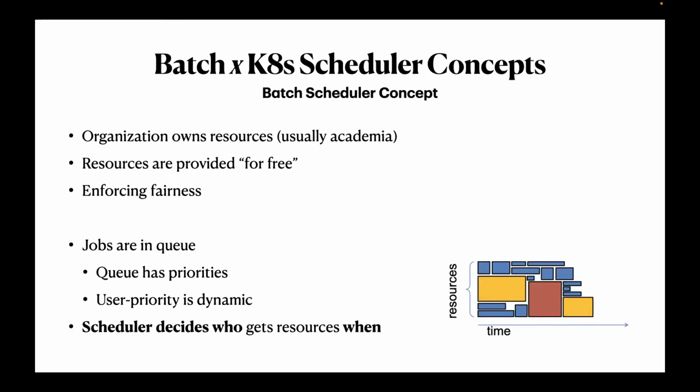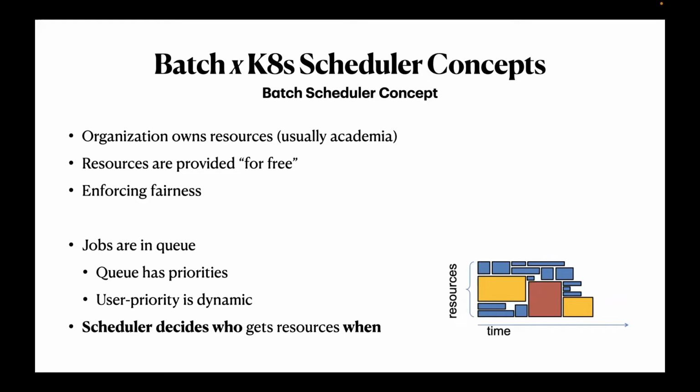Now, I would like to continue a bit with the comparison of batch and Kubernetes environments, and we can take a closer look at batch infrastructure. In academia, or at least in Czech academia, infrastructure is owned by an organization and resources are provided seemingly for free, let's say, to researchers. Of course, someone is paying for them, but researchers can use them freely for their needs.